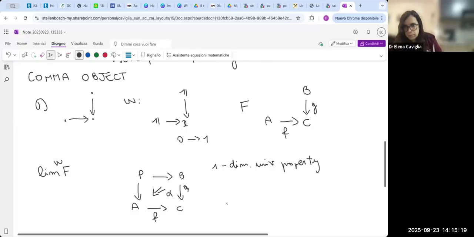And this universal property says that if we now start from a square like this, so we have here G and here A, F, with a 2 cell inside, say beta.